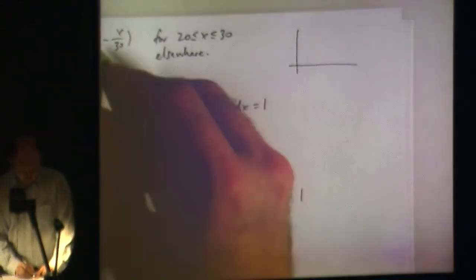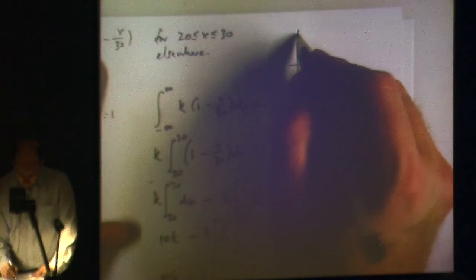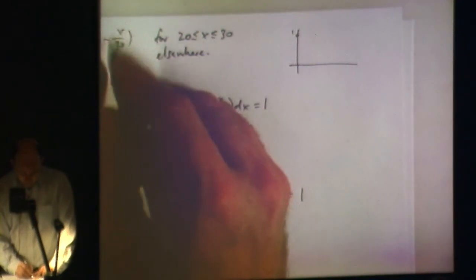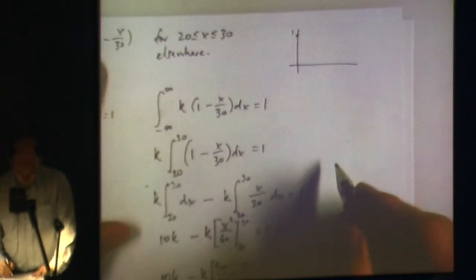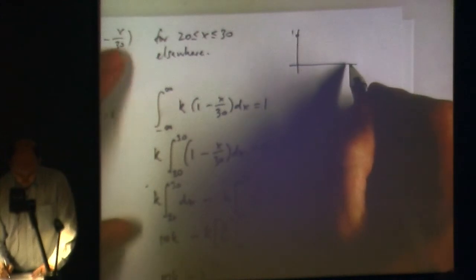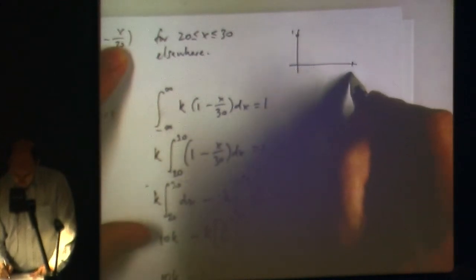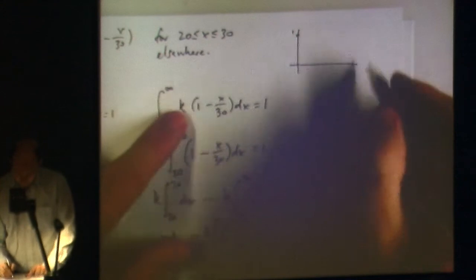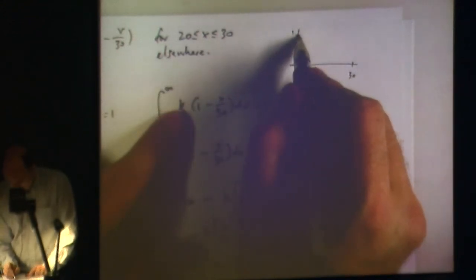If we were to plot this graph, that makes sense. We know that we've got a y-intercept over here of 1, and when x is 30 we've got 1 minus 1, so we've got a line that looks like this.